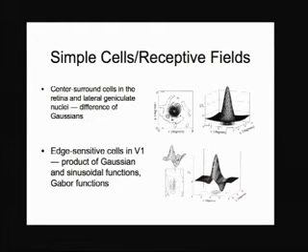Those cells are said to be simple because it can often be likened to computing something like a difference of Gaussians, where essentially the regions of the visual field, so each one of the square boxes on the left corresponds to an image of the visual field, and then the isolines essentially are meant to be the third dimension, indicating the amount of intensity or the response of the cells in that portion of the eye.